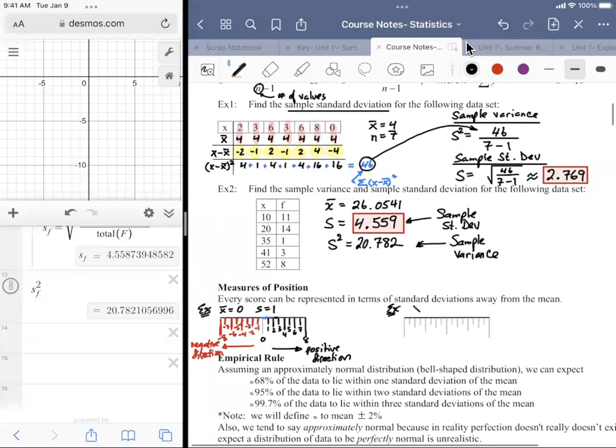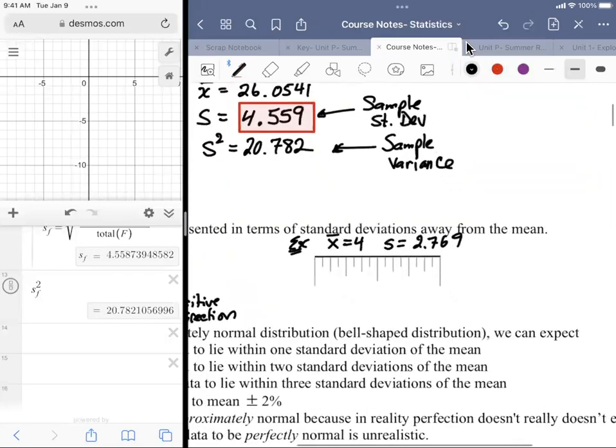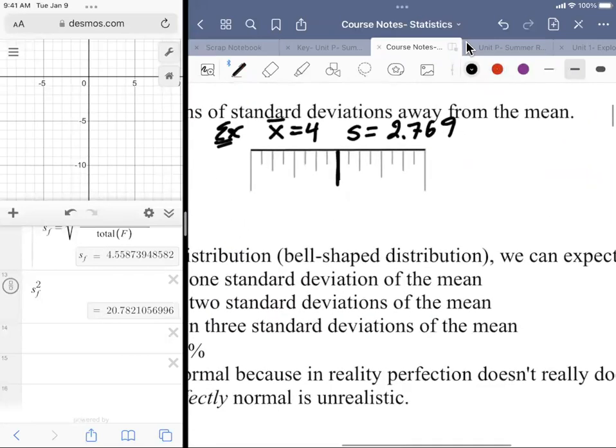I have a mean of 4 here with a standard deviation of 2.769. So again, going back to example 1, instead of being centered around 0, I'm now centered around 4.